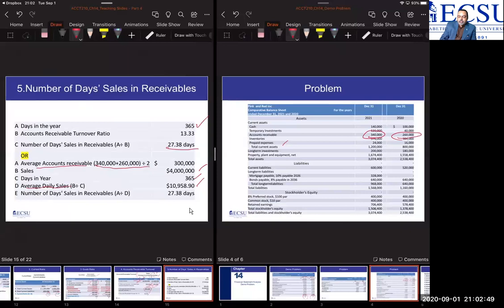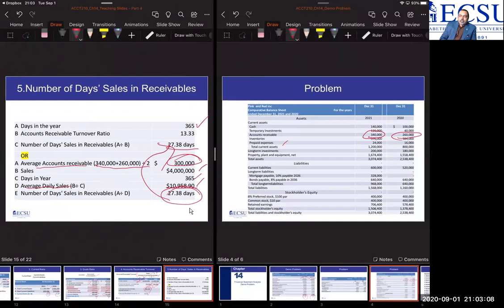And then you divide this 300,000, that is your average accounts receivable, with the average daily sales. So you can see we get the same number of days, whether you are using the first formula or the second one.